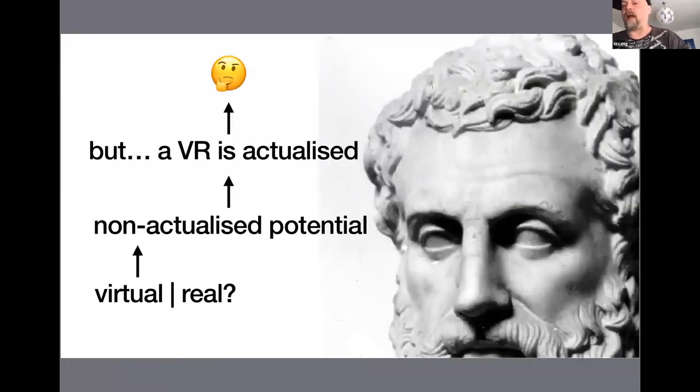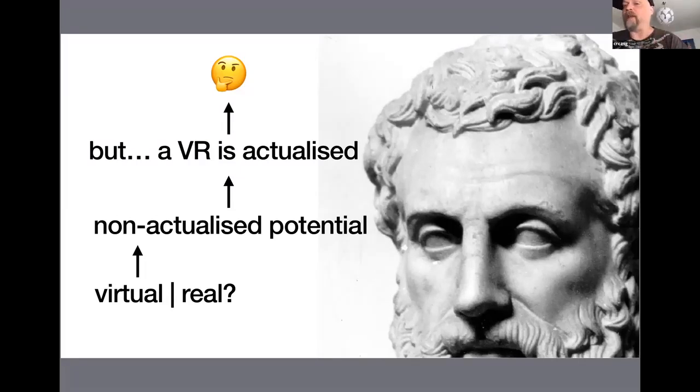The second discomfort I have is with the distinction between virtual and real that often comes up in discussions about VR. What is actually virtual goes back to Aristotle and other philosophers: you can talk about virtual as something non-actualized, something that's not actually here but has a potential, so it's possible.